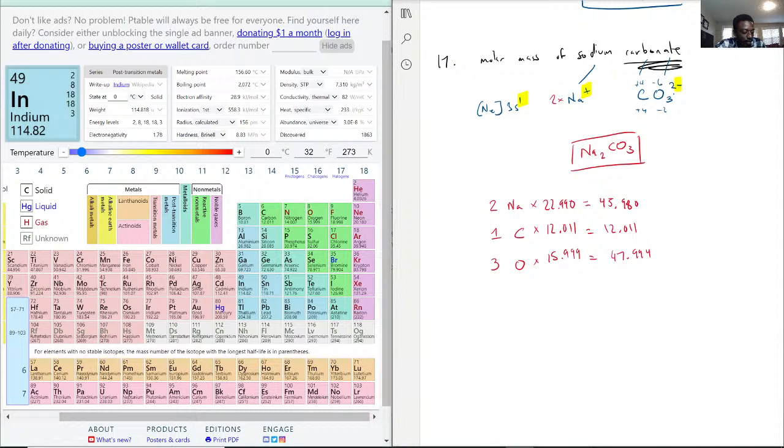Okay, and then we add them all together. Oops, I think I got that wrong. It'd be 47.997. I'm glad I double checked. So plus 12.011 plus 45.980, okay, we have 105.988 grams per mole. This is our molar mass of sodium carbonate.